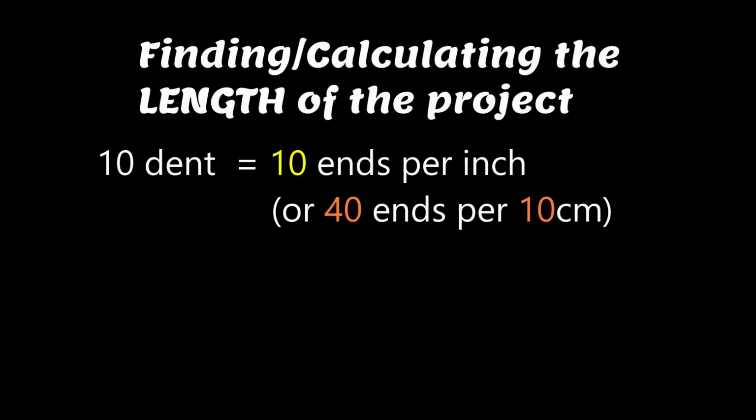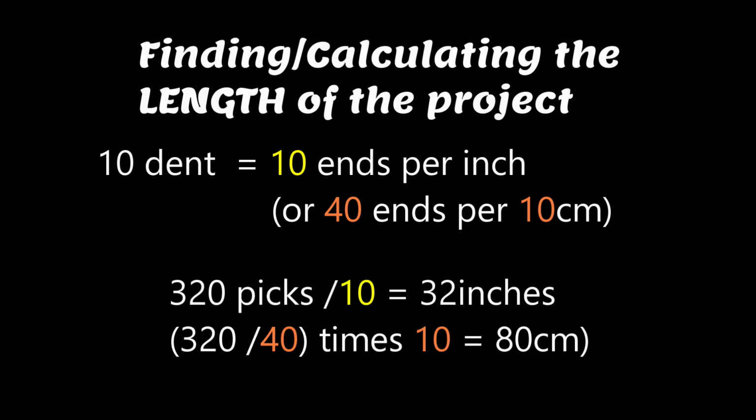Now let's find and calculate the length of our project. So a 10 dent reed is 10 ends per inch in imperial, or 40 ends per 10 centimetres for metric. We have 320 weft picks divided by 10 equals 32 inches in length in imperial, and 320 weft picks divided by 40 and times 10 equals 80 centimetres in length for metric.